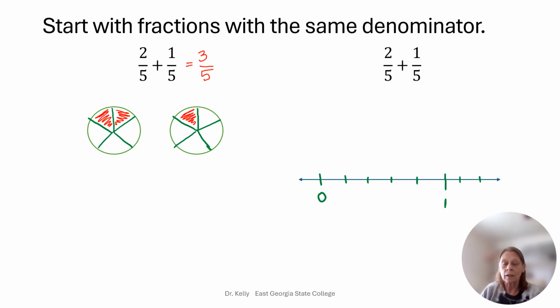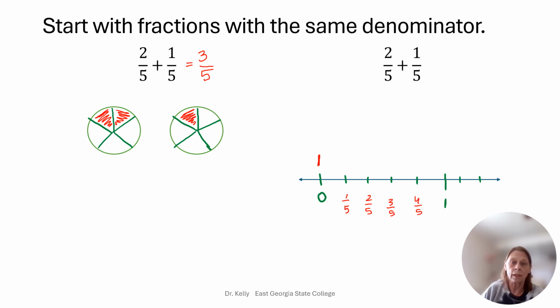Over here we can take a look at the measurement model, and we would do this just like we would model whole numbers and integers here. So we're going to start off here and we're going to model 2/5. Well, this is 1, so each one of these tick marks is a fifth. So you can write them in if you like.